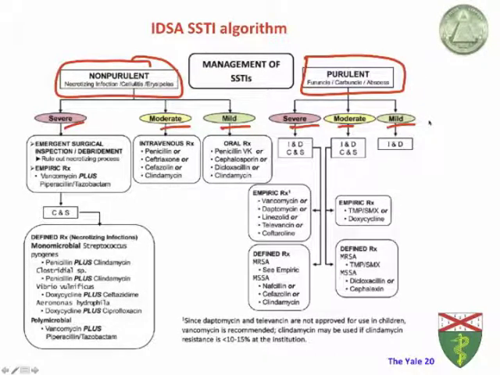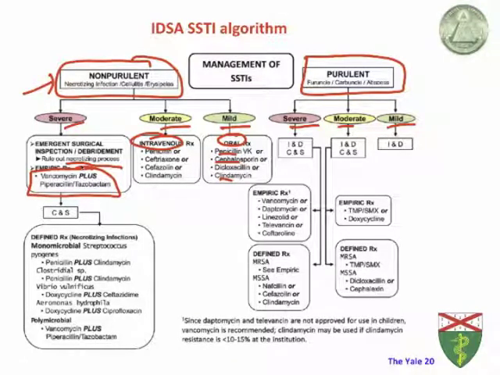If you have a non-purulent infection, you think it's strep until proven otherwise. If it's mild, go with your penicillins, cephalosporins, oral, or clinda. All of them are oral. If it's moderate, change it to intravenous. No reason to change your spectrum. And if it's severe, you want to rule out a necrotizing process. You want to start broad spectrum antibiotics, vanc and Zosyn.